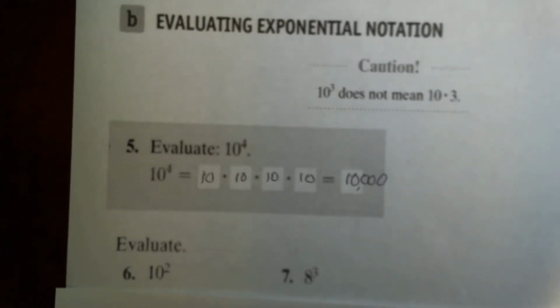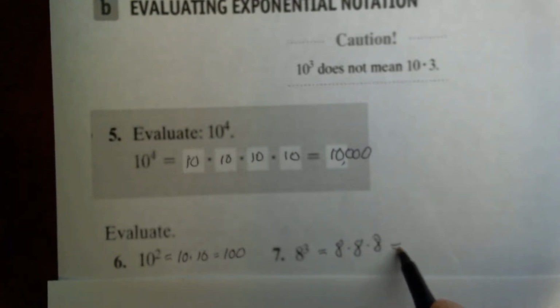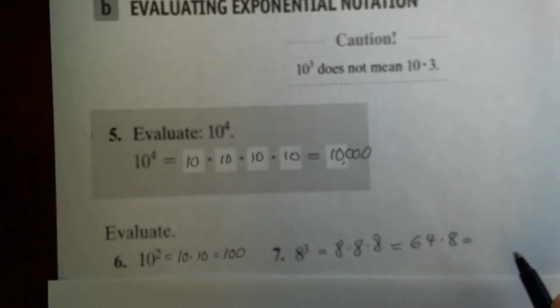Similarly, 10 to the second power means 10 times 10, and that's equal to 100. 8 to the third power means 8 times 8 times 8, or 64 times 8, which is equal to 512.